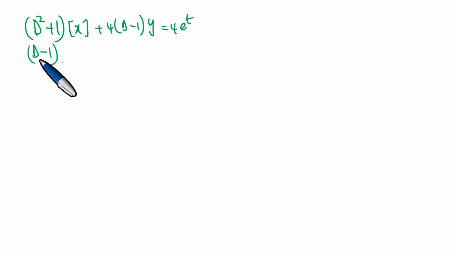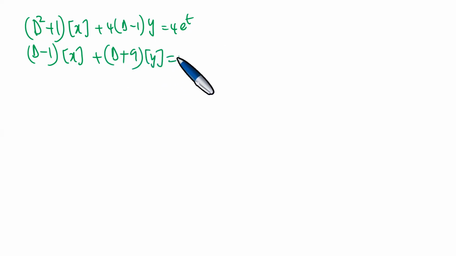(D minus 1) x plus (D plus 9) y, and this is equal to 0.